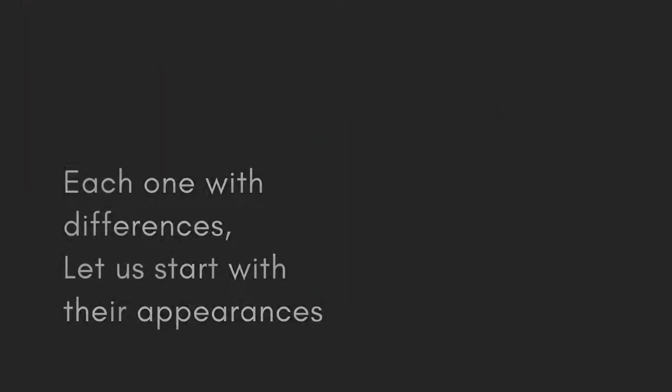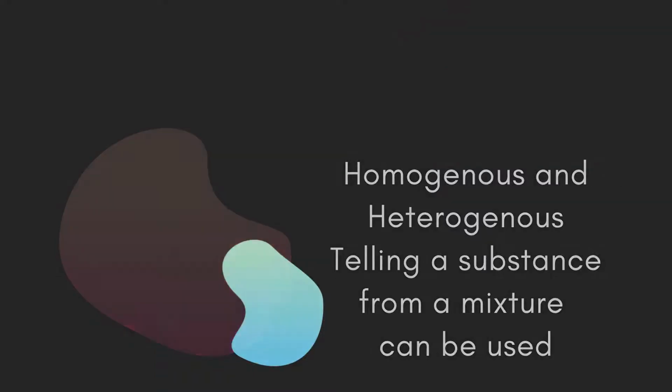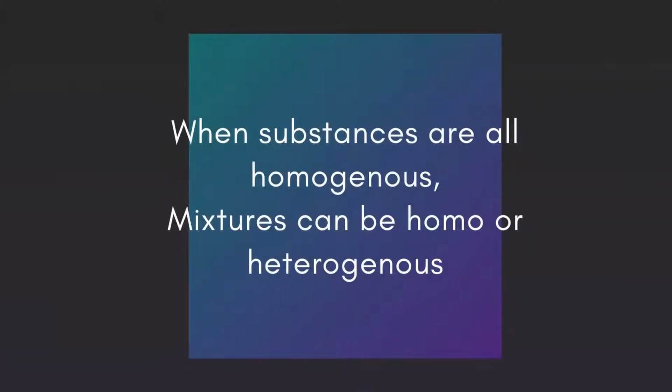Let us start with their appearances. Homogeneous or heterogeneous. Telling a substance from a mixture can be used. When substances are all homogeneous, mixtures can be homo or heterogeneous.